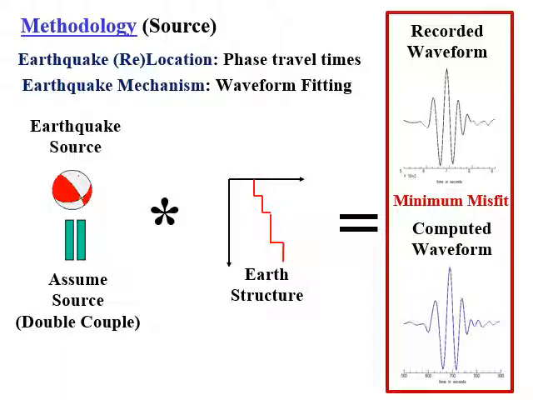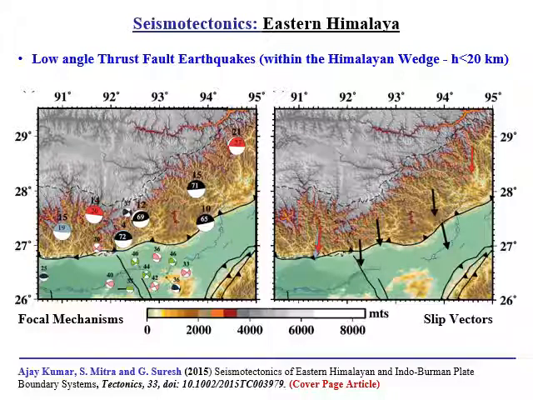So once we have a minimum misfit solution, that becomes the earthquake source mechanism for the given earthquake. So we use this method to calculate the source mechanisms of earthquakes across this Eastern Himalayan and Indo-Burman plate boundary system. So I'm now going to present to you the results of the analysis.